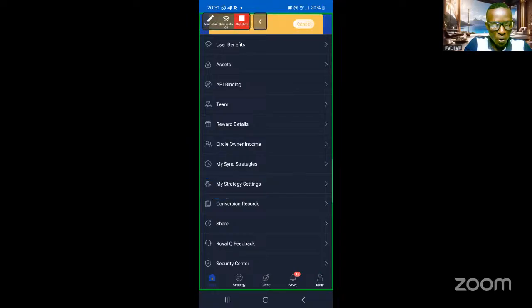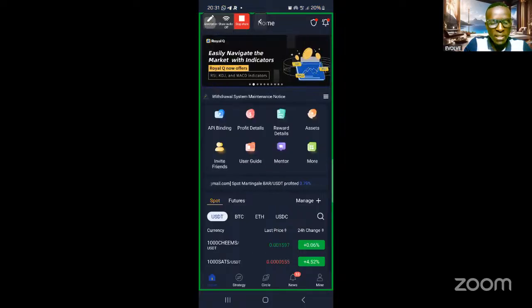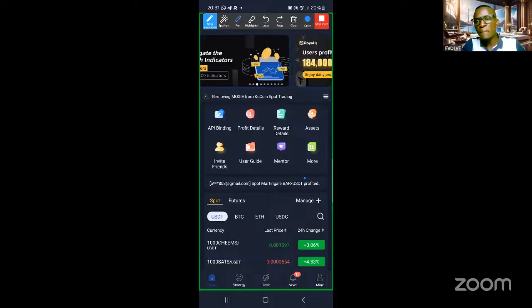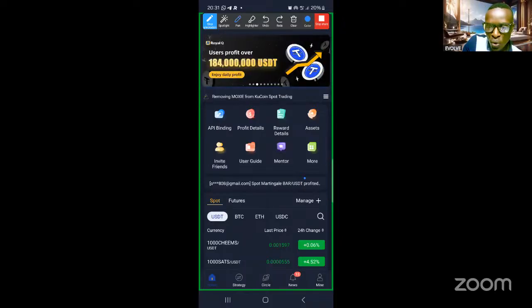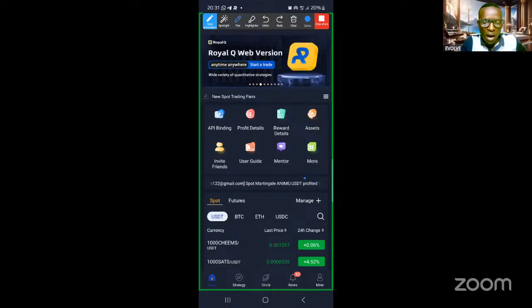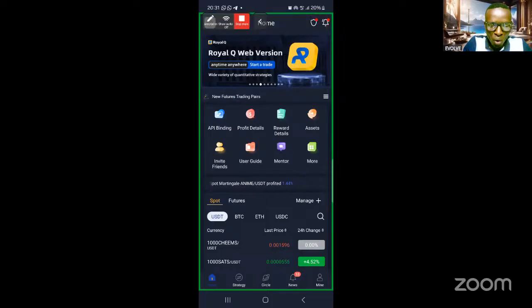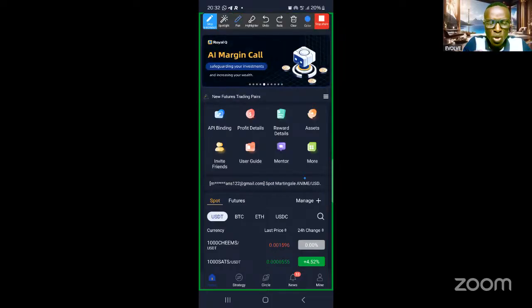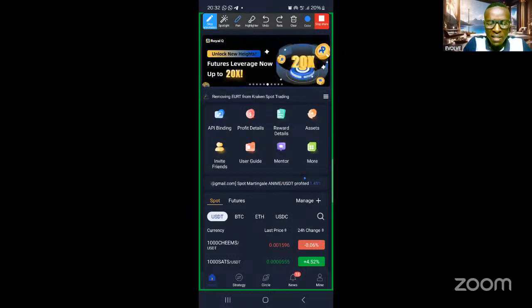We are going to first of all go back to the homepage. On the homepage, Royalq tried as much as it can to summarize things for you. Some things you should really get very clear on and get good at using on the homepage. The homepage has very vital information: API binding, shortcuts.